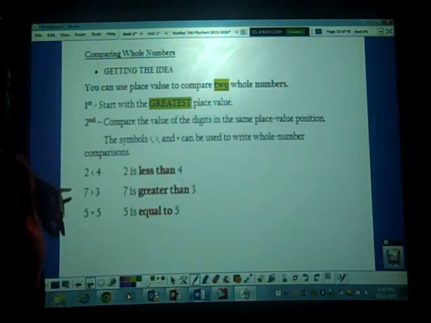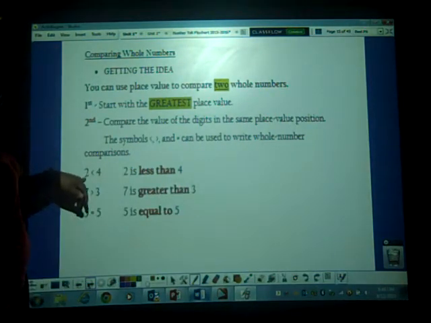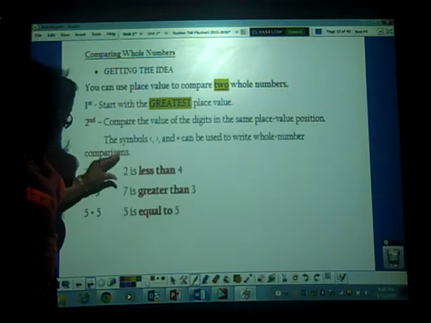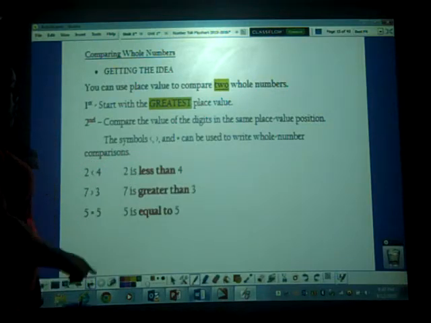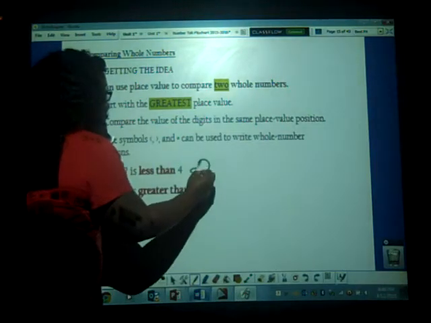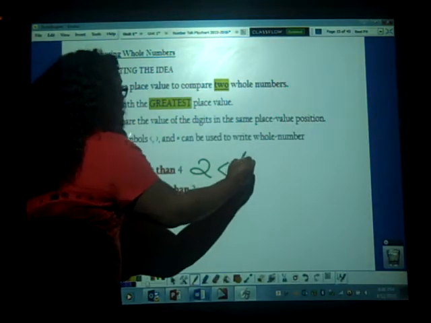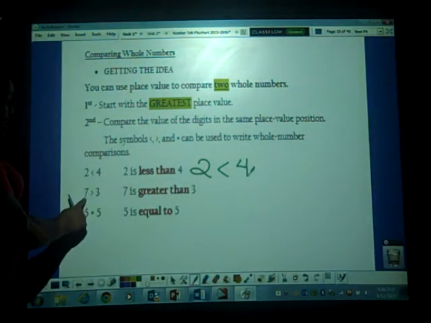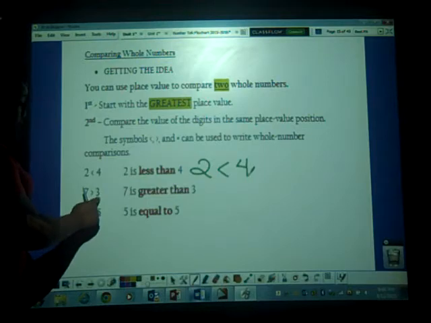For example, we have 2 is less than 4. So actually, remember the alligator, you probably learned in like 1st, 2nd grade, we're going to always eat the larger number. So we'll write it 2 is less than 4. Then we say 7 is greater than 3.